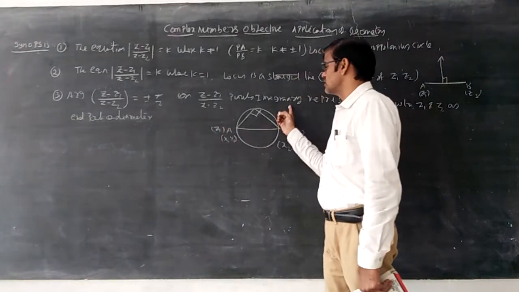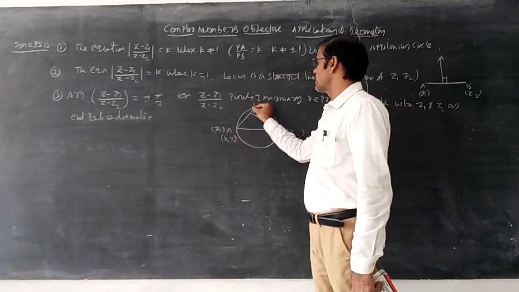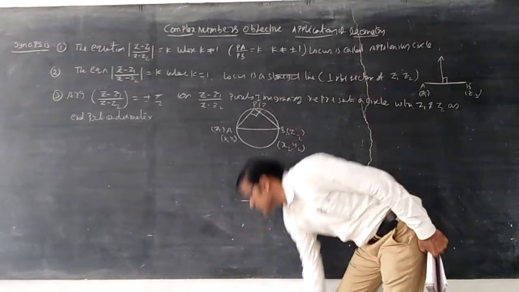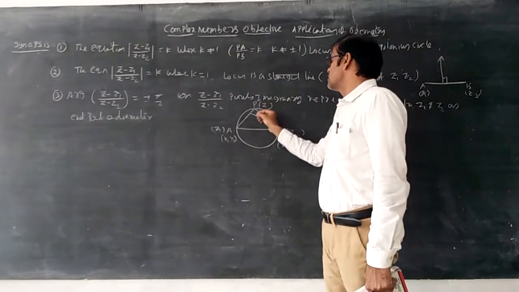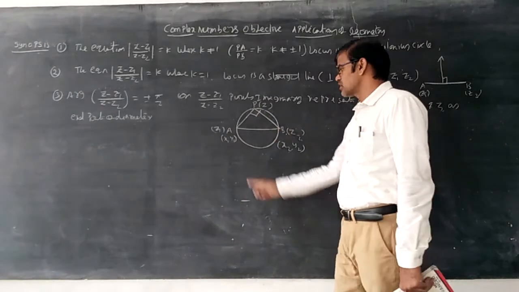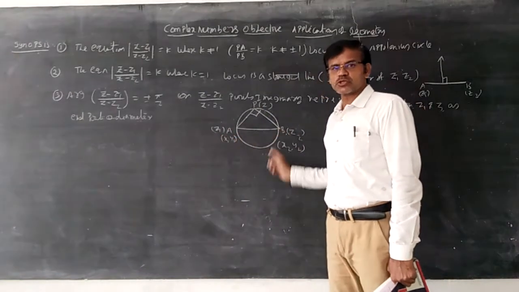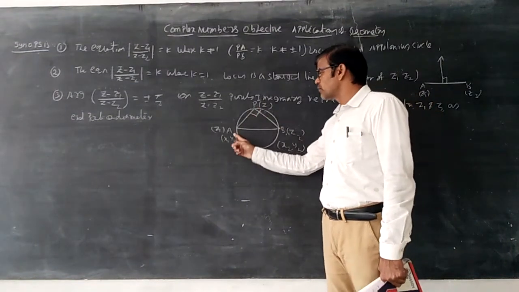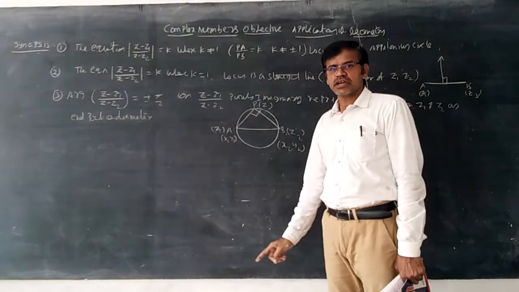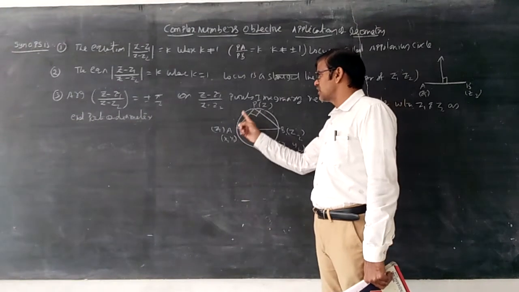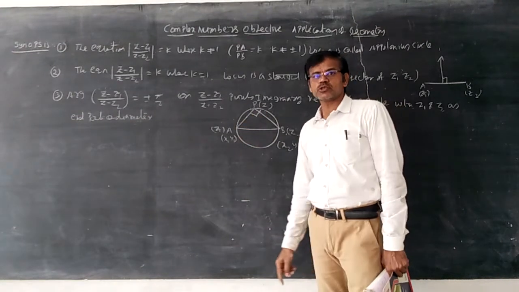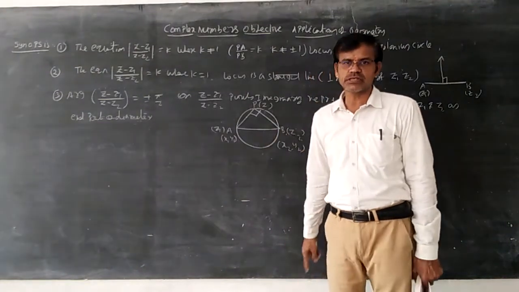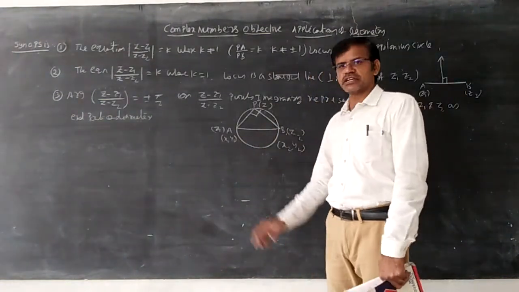That means if P is any point, denoted by z, on the circle, and A x1 comma y1 and B x2 comma y2 are the two end points of the diameter, then the slope of PA into the slope of PB is equal to minus 1. Whenever m1 m2 is equal to minus 1, the angle between the two lines is 90 degrees.